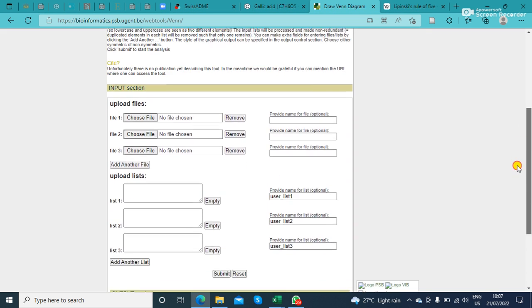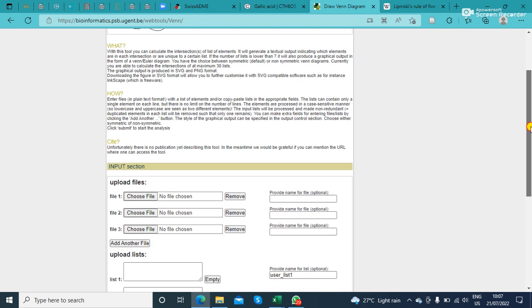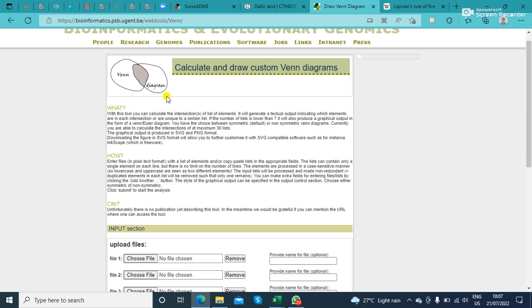This is their Venn platform, and you can read a bit about the platform and how to use it, the what and the how. If you use their platform, they ask you to cite their work using their URL.